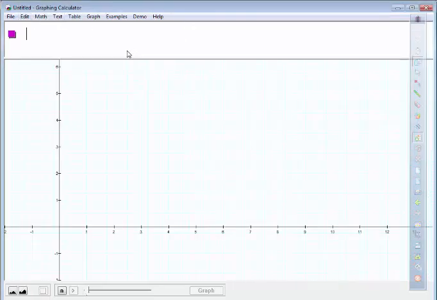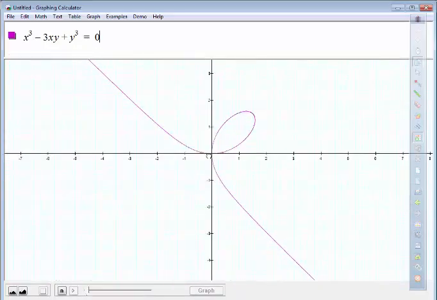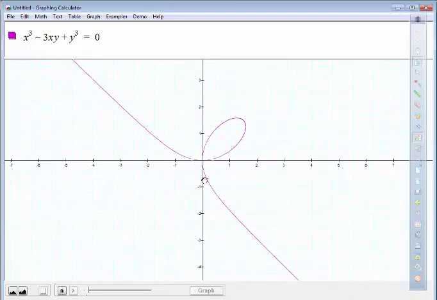So back in Calc 1 or 2, I think it's Calculus 1, we dealt with graphs, and I wouldn't really call this a function.